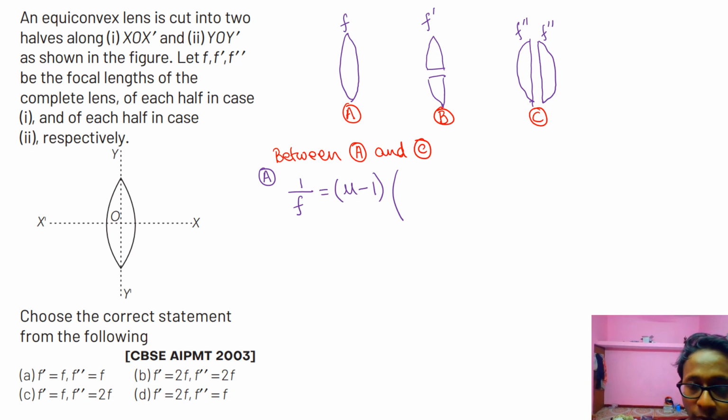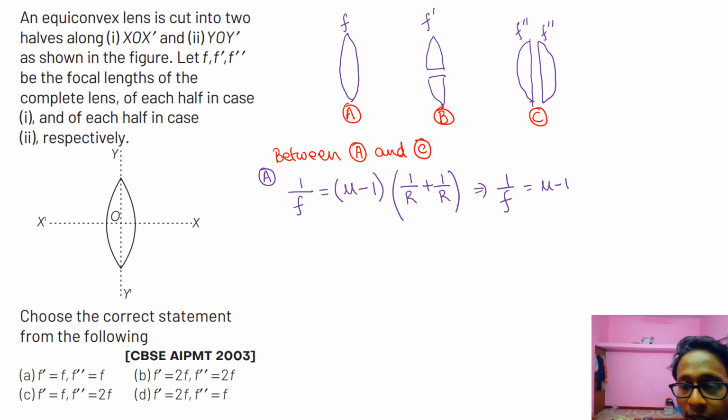I'm assuming that both the surfaces have equal radius, so 1 by r minus of minus 1 by r is nothing but 2 by r. So 1 by f is equal to mu minus 1 into 2 by r.